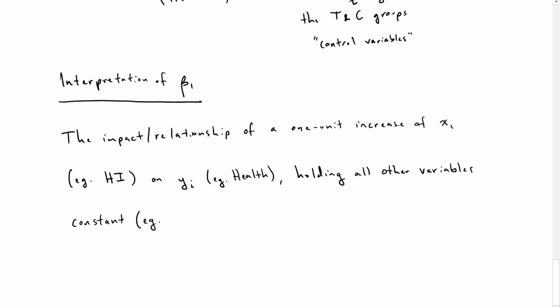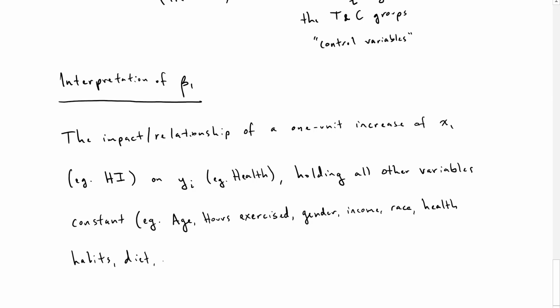In the example above, we have age and hours exercised. But this could also include things like gender, income, race, other health habits, diet, and so on and so forth.